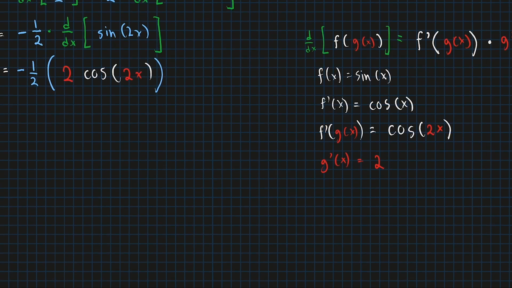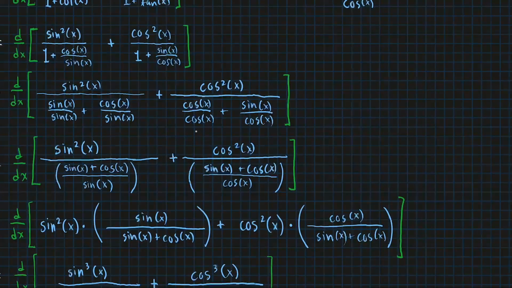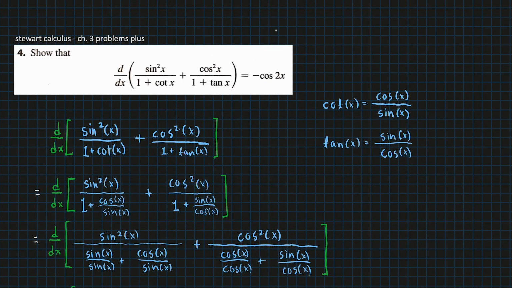So this 2 and this 2 definitely cancel out, right? So this just becomes a negative 1 in front. And we deserve a big drum roll here. We get negative cosine of 2x. And what did we have to prove that our left side was equal to? Negative cosine of 2x. Alright, I hope that helped.